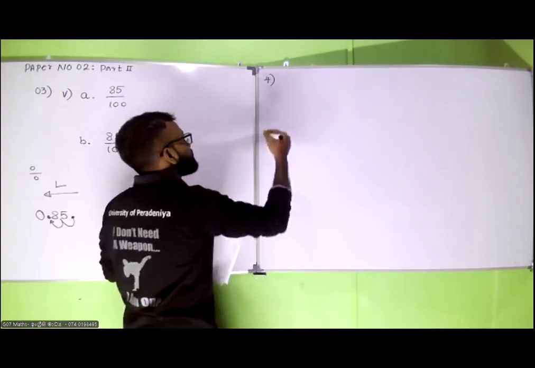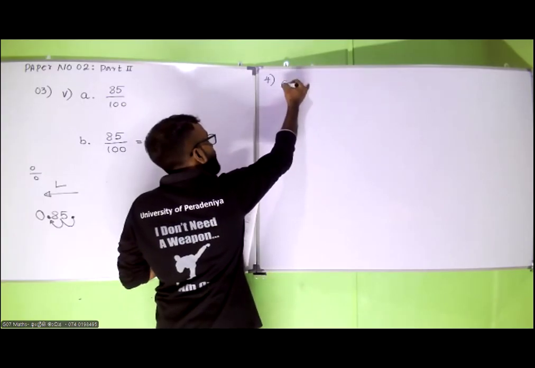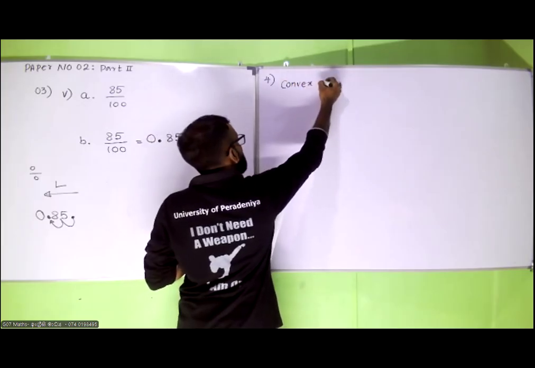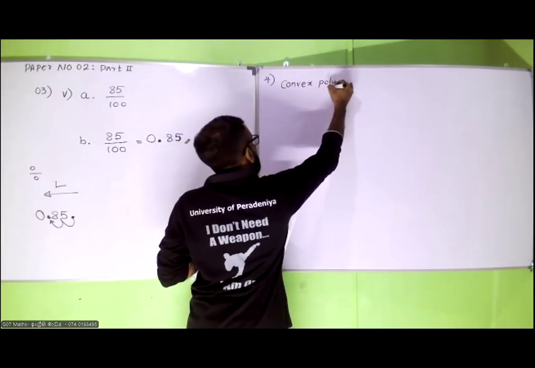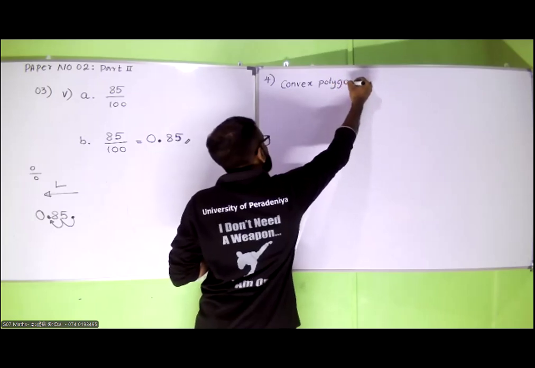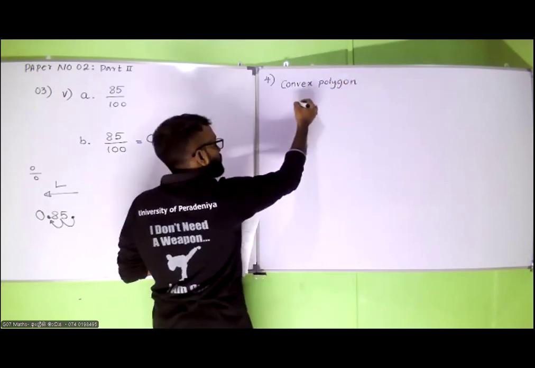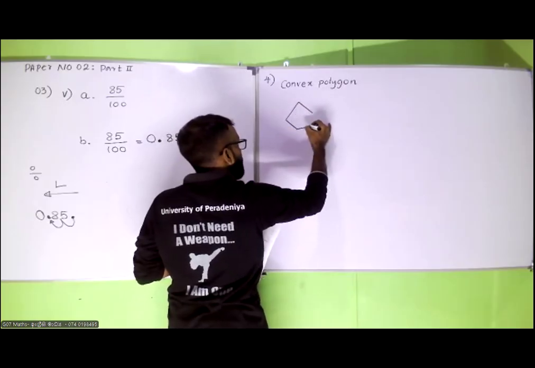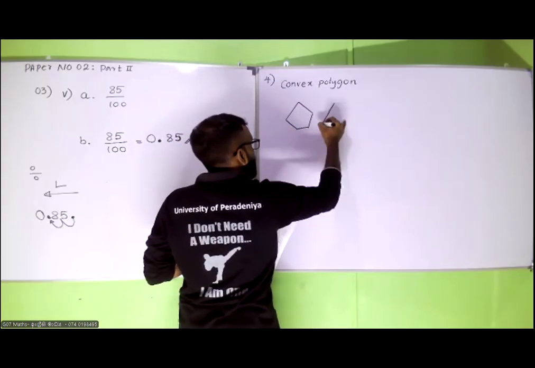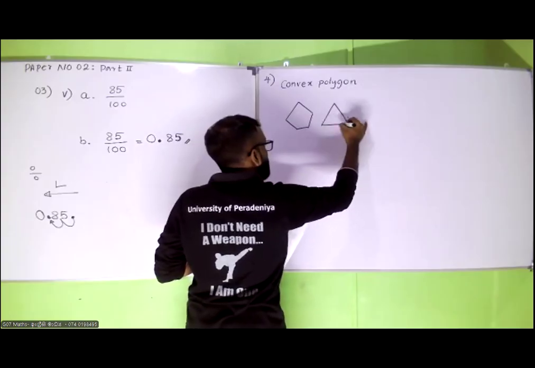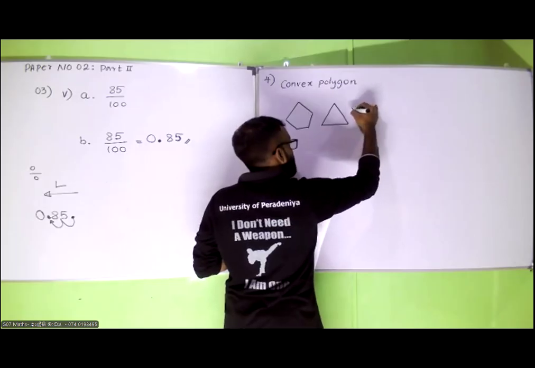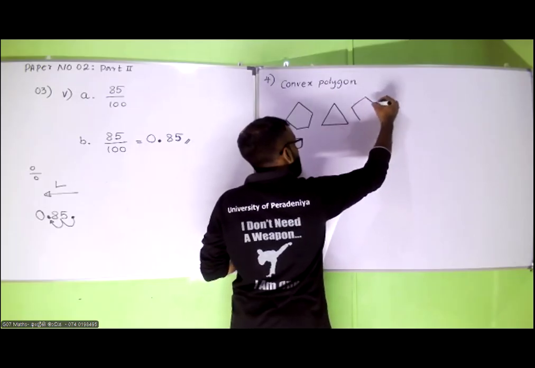For example, this is a convex polygon, and this is a convex polygon, and this is a convex polygon.